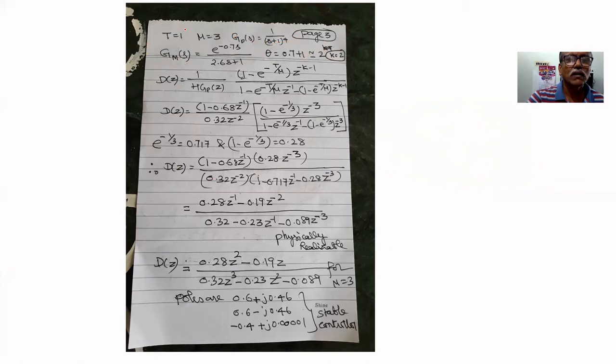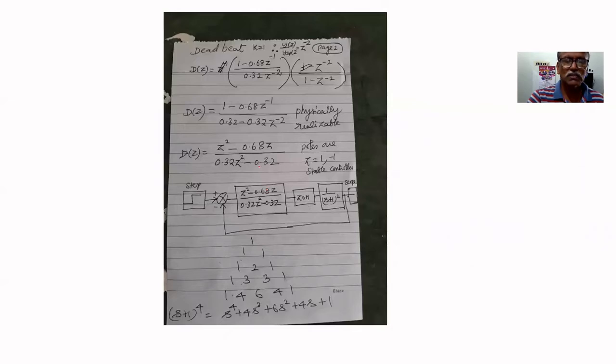So we are assuming that T equal to 1, mu equal to 3, and the process is 1 by s plus 1 to the power 4, and the model of the process is e power minus 0.7s upon 2.6s plus 1, and theta equal to 0.7 plus 1 we have to take. Therefore 0.7 plus 1 is 1.7, and k must be an integral multiple of the sampling period, therefore k equal to 2.